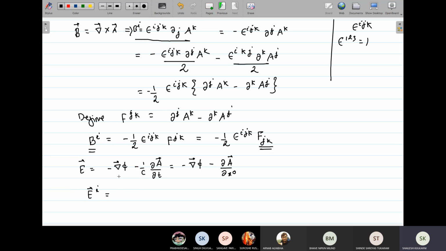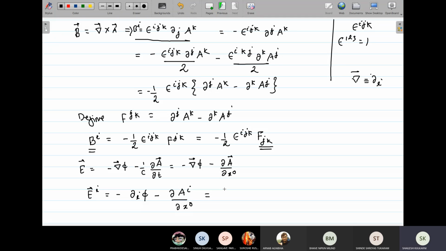The ith component of this is conventionally called del I, as per our notation: minus del I phi minus del AI by del x0.